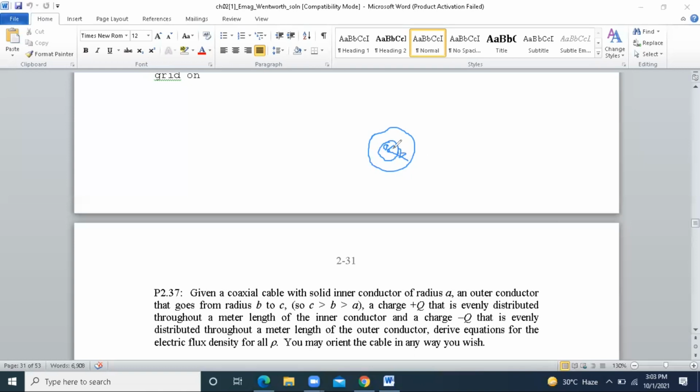No, you have one inside the inner radius, one between the outside of the inner radius and the inside of the outer radius, and one for outside the outer radius.